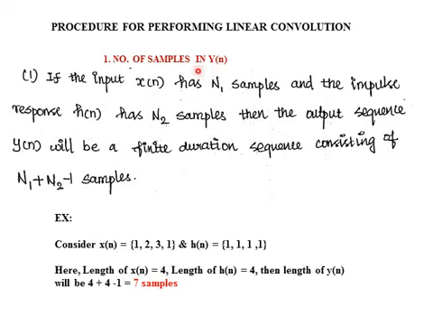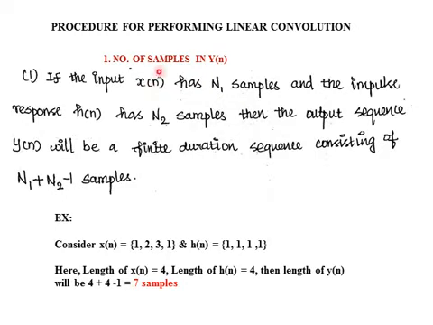basic steps. As a first step, we have to determine the number of samples in the response y of n. We know that y of n is obtained by performing convolution between x of n and h of n. So in the first step, we should be able to determine the length of y of n.